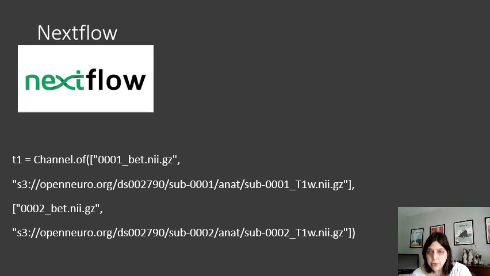What this will do is, if set up appropriately so that you have the credentials to access the files on S3, in this case they are open, but you still need to specify that you don't need to actually authenticate, so you don't have to have an AWS account to get to them. It will check on your local computer whether those files have been staged, and if they need to be copied, it will copy them across.